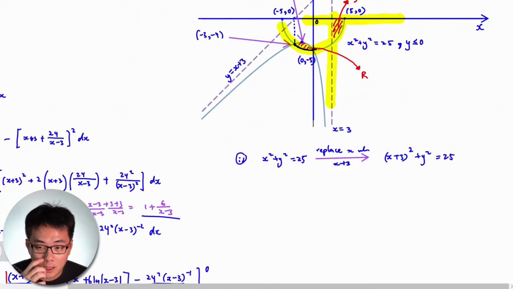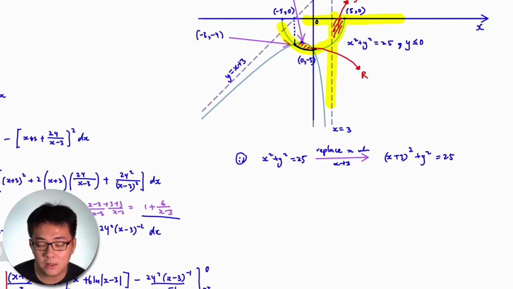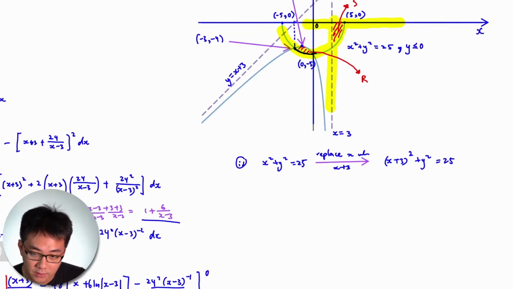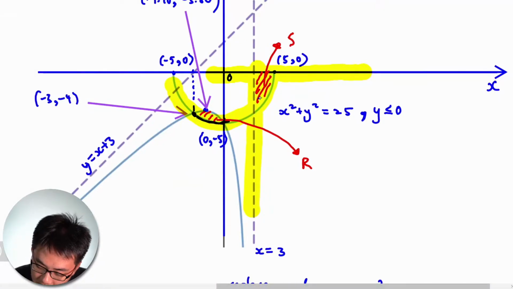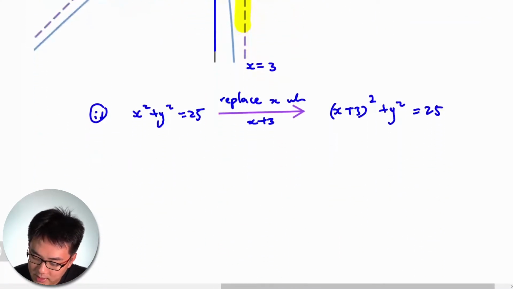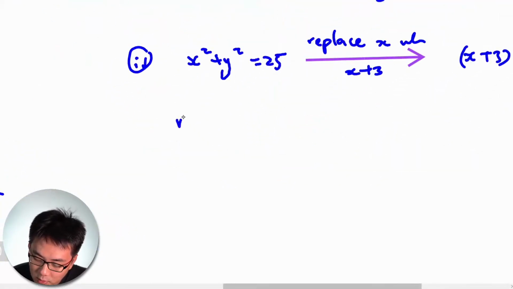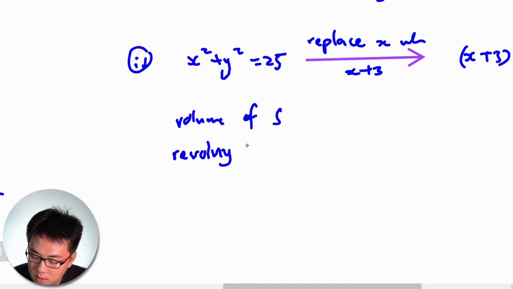Then the next part is: hence or otherwise find the volume of the solid obtained when s is rotated through 2 pi about the vertical asymptote. So for this part, the volume of s revolving about the x equals 3 line.